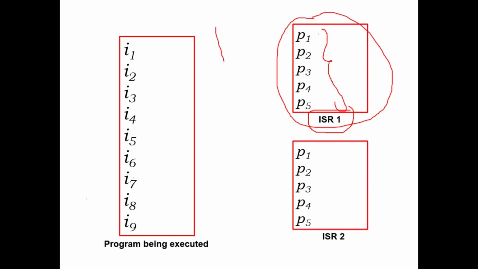For example, if the keyboard interrupts the processor during execution of some program, what is the meaning of the keyboard interrupting the processor? That means the keyboard has some data in its buffer taken from the user, and the keyboard wants the processor to read that data and store it in the memory or do whatever.